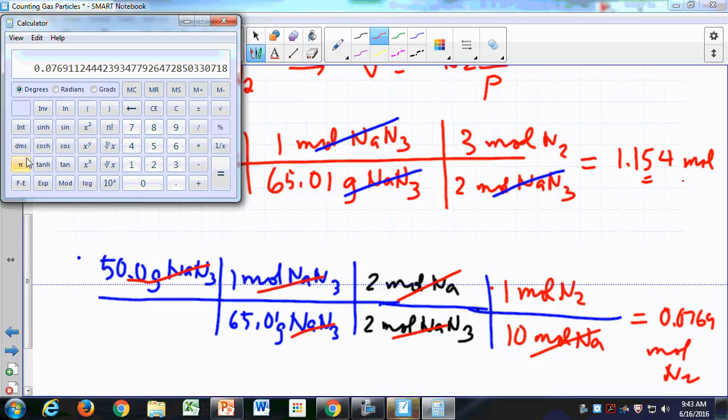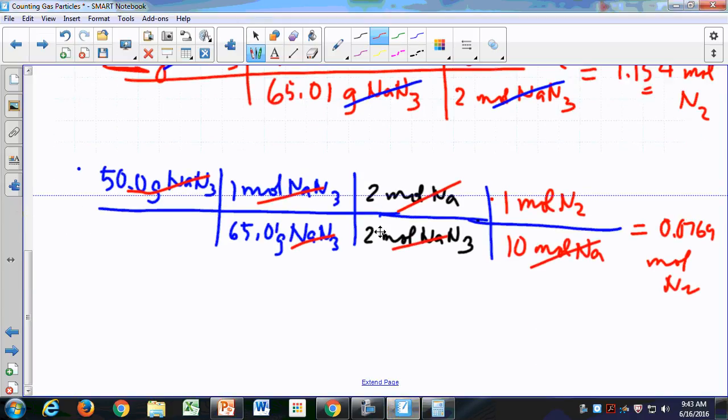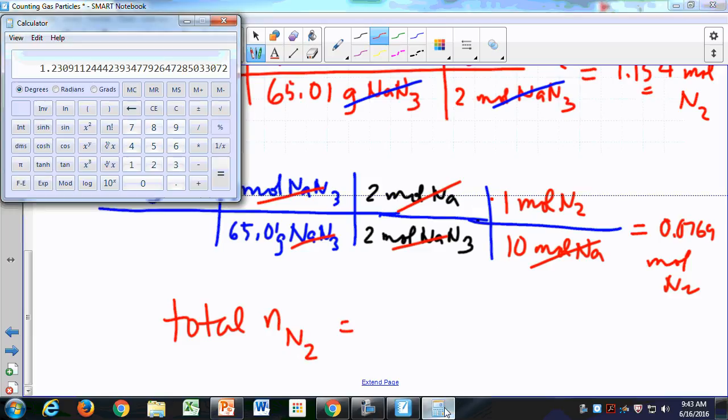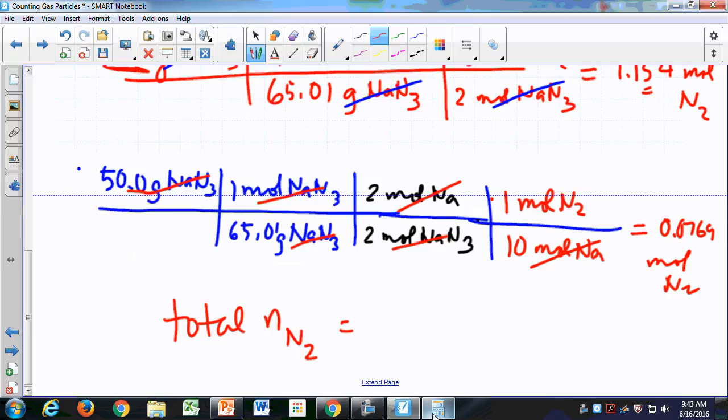So total moles of N2 is 0.0769 plus 1.154. That gives you 1.23 moles.